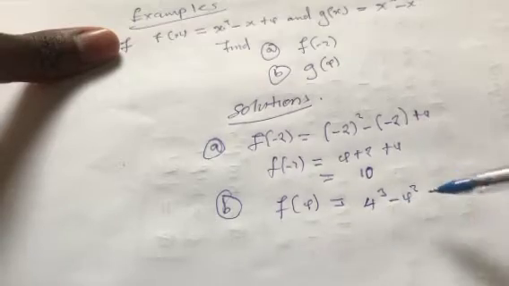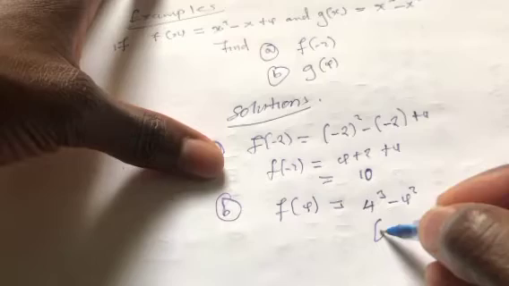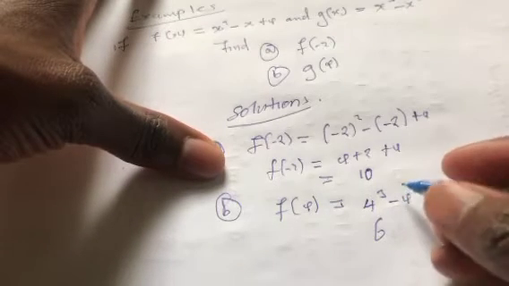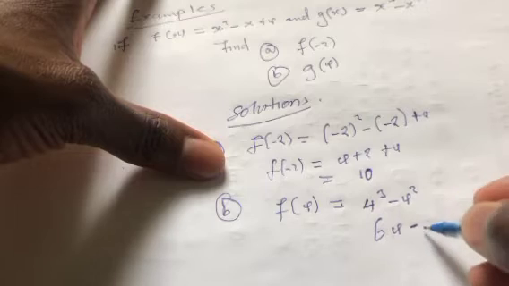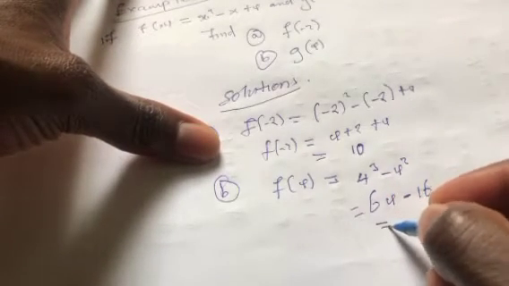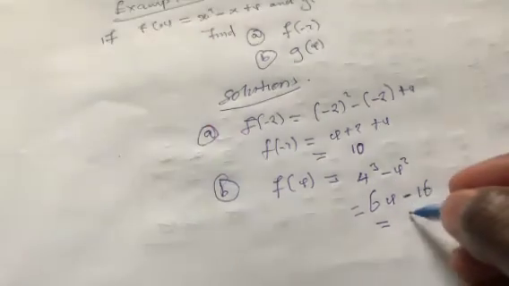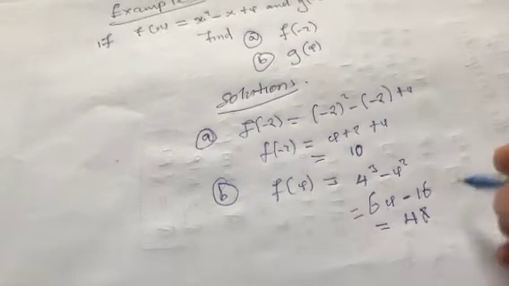So 4 to the power 3 has to be equal to 64 if I'm not mistaken. 64 minus 16. What answer are we going to get? It has to be 48 if I'm not mistaken.